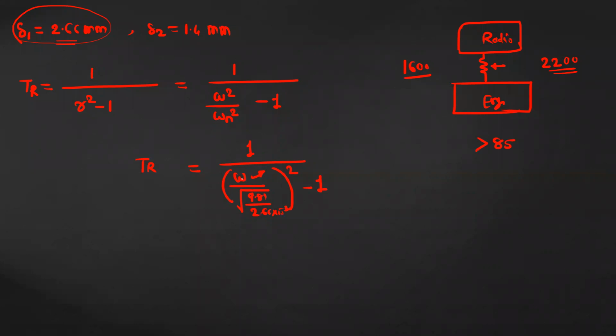So first put the value of omega as 1600. So 1 upon omega value. So for 1600, omega is 167.55, and this is 9.81 upon 2.66 10 to the power minus 3, bracket square minus 1.